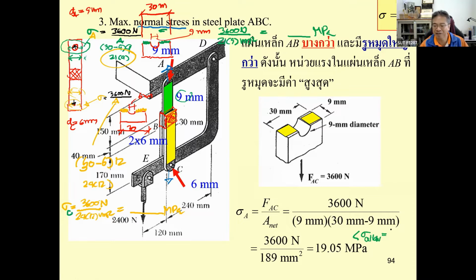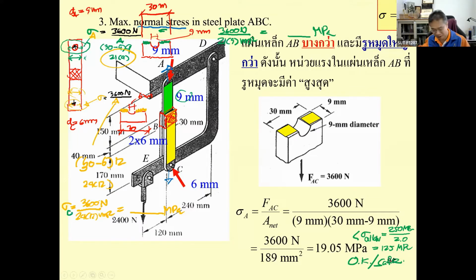Sigma allowed of the steel is going to be 250 megapascal divided by 2.0, which is going to be 125 megapascal. So this one is okay, or is safe.